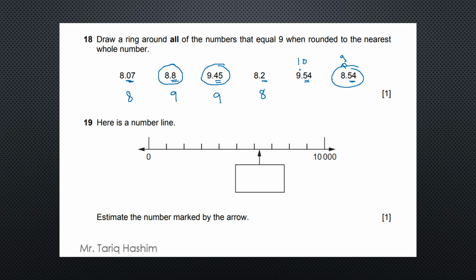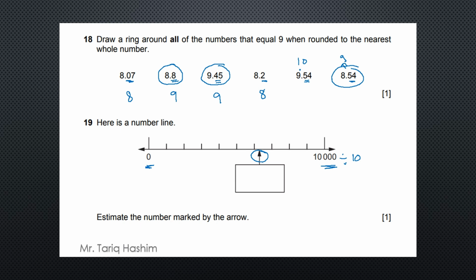Question 19. Here is a number line from 0 to 10 thousandths. Estimate the number marked by the arrow. So we need to estimate this number here. We have this number line divided into 10 equal parts. To label these parts, we have to divide this number by 10.